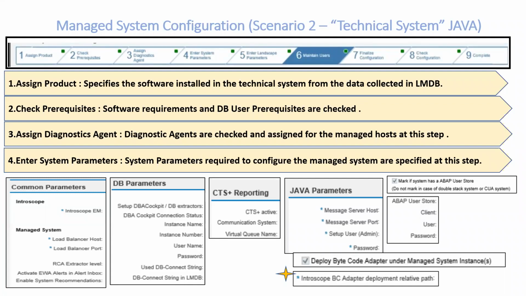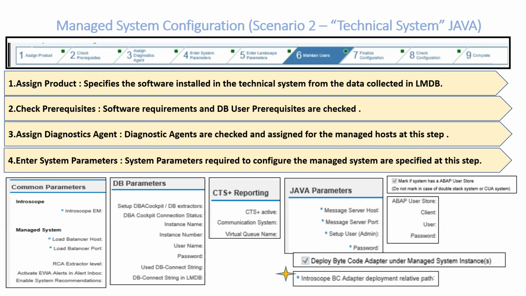The second scenario that we will be taking a look into is the one for technical system Java. Assignment of product, prerequisite check, and assignment of diagnostic agent are almost similar in ABAP and Java systems. Under Enter System Parameters, we can specify whether we have CTS Plus reporting involved, and we enter specific Java parameters in this step.